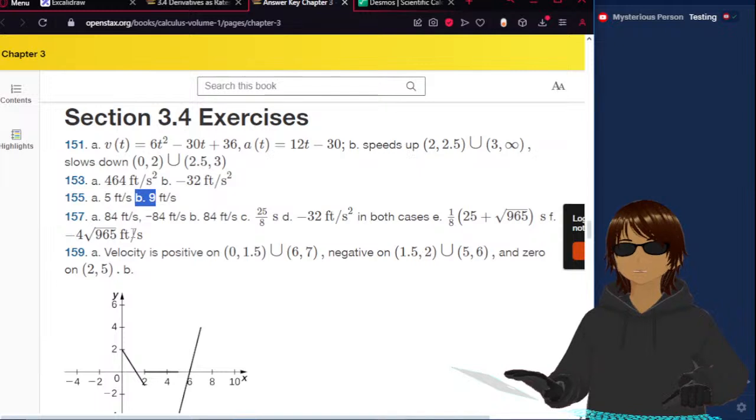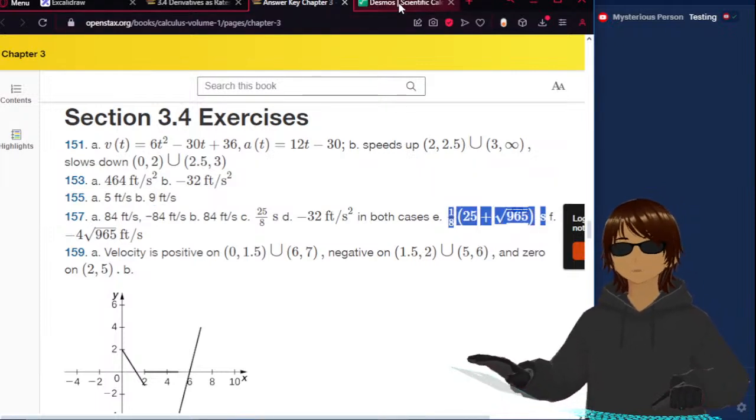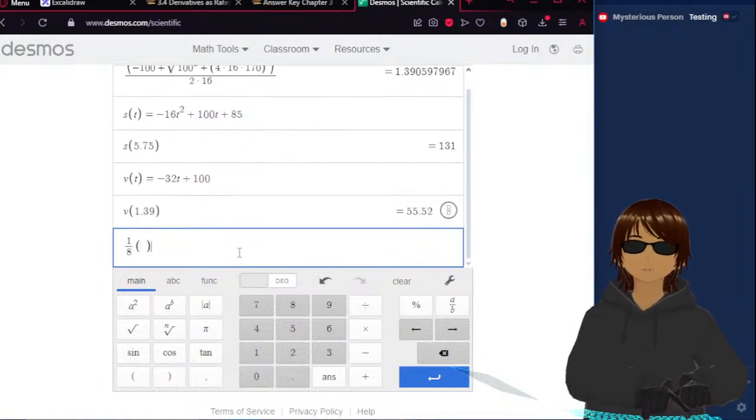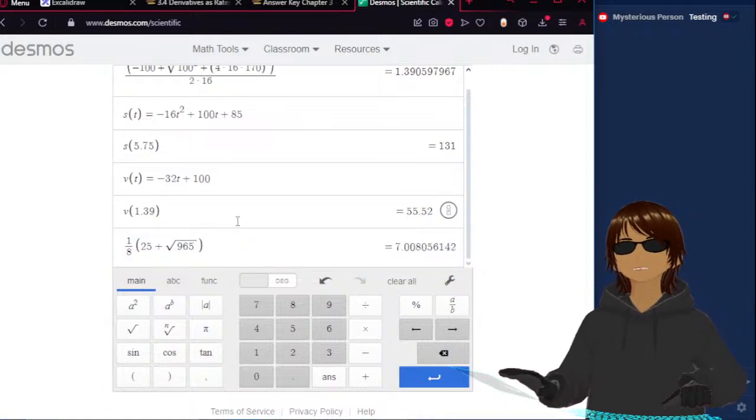And then F is this. It says 7 seconds. How did it get that? 1/8. 7 seconds.